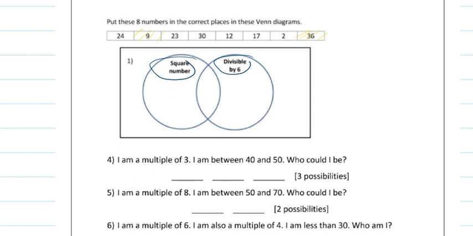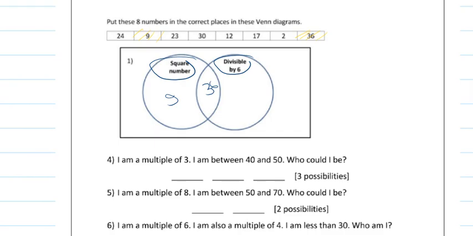Which number here is a square number and at the same time divisible by 6, in the times table of 6? You will find that 36 is divisible by 6 and a square number. I need a square number only. You will find that 9 is a square number only, which is not divisible by 6.